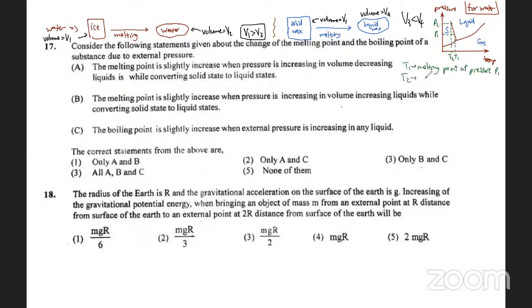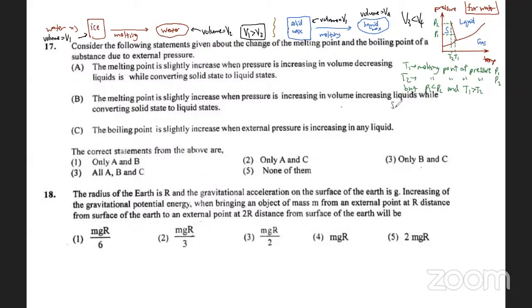T2 is the melting point at pressure P2. But you see, P1 is smaller than P2, no, people? P1 is smaller than P2, and T1 is greater than T2. See, in the x-axis, T1 is larger than T2. In the y-axis, P2 is larger than P1.